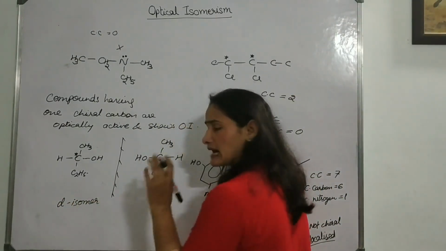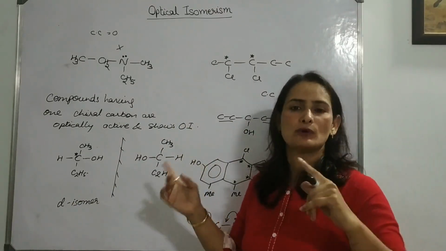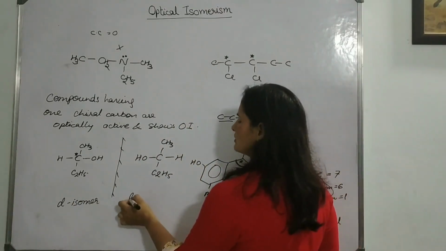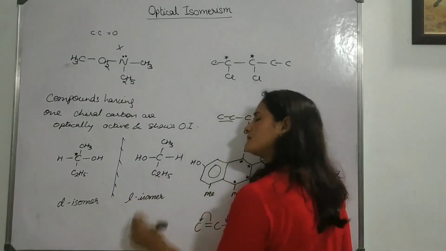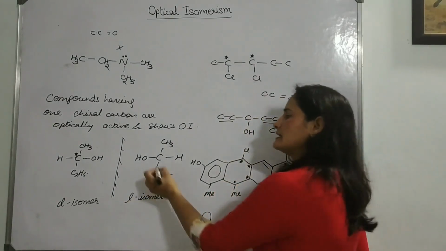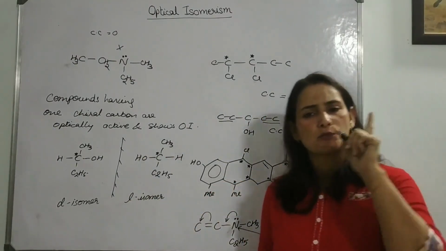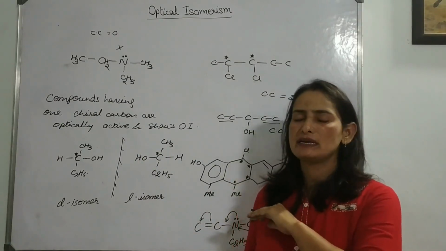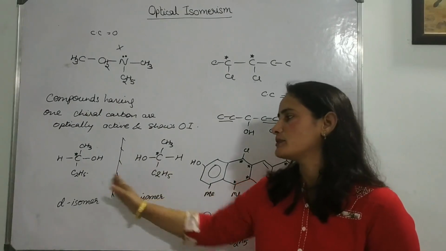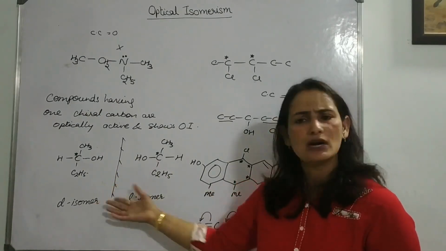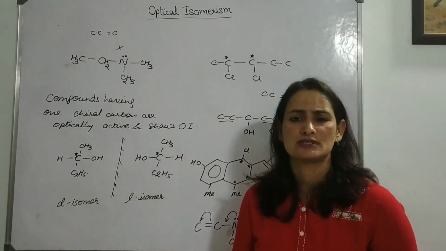But without doing practical, we can't tell which one is actually D. So you can write any one of them as the D, any one of them as the L isomer. Okay? So the point is clear to all of you. If your compound is having only one chiral center, then it will definitely be optically active and will show optical isomerism. These isomers are called enantiomers of each other. They are mirror images, non-superimposable to each other.